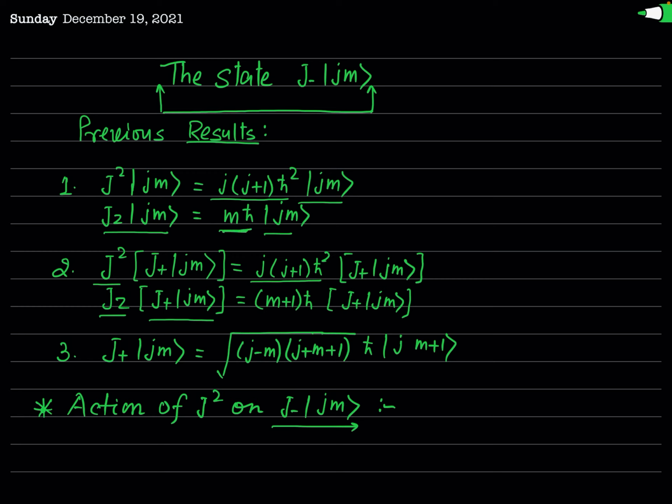But you have obtained in the previous lecture that for this eigenstate, the eigenvalue of the operator Jz is (m+1)ħ. So instead of mħ, the eigenvalue of Jz when its eigenstate is J₊|j,m⟩ becomes (m+1)ħ.